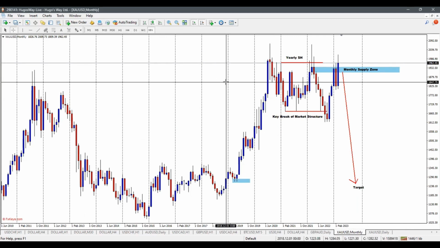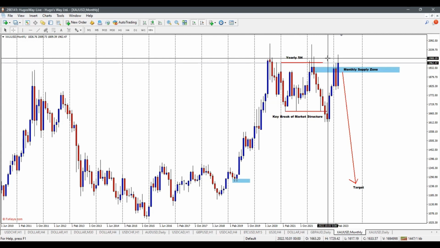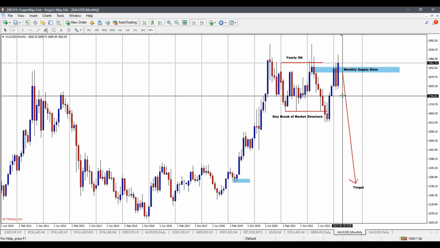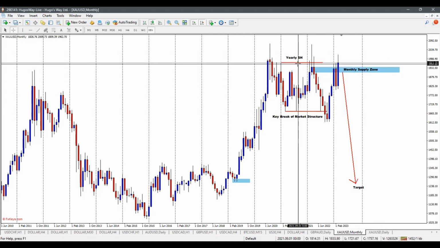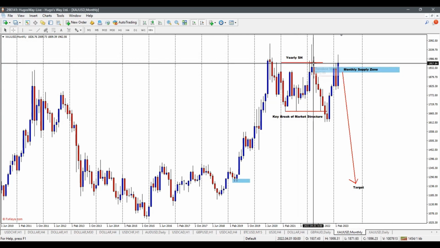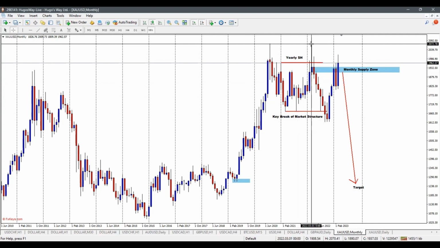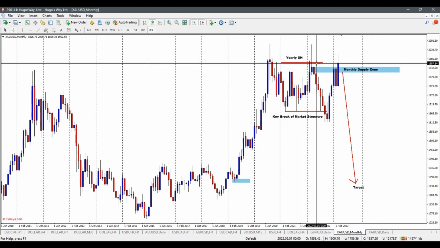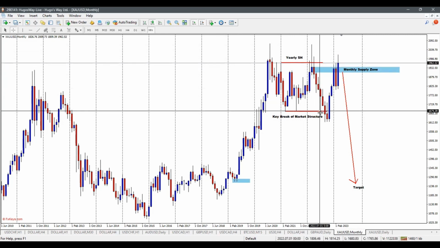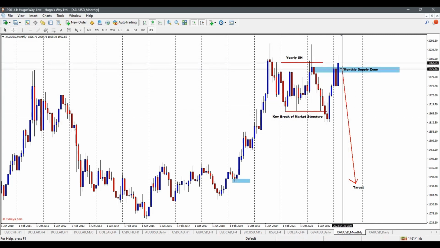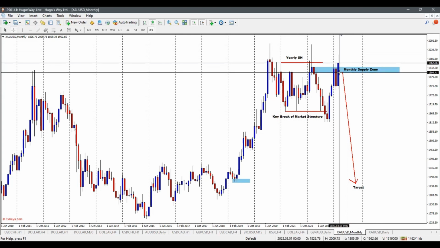Now, coming back to gold again, the structure of where we are, the price structure in a sense, is quite a sensitive place. At the moment, we've had the induction of the previous year. So 2022's high. When Ukraine came out, we had a massive spike in price, then we had a break of market structure, and then we have this monthly supply zone here that price returned to.